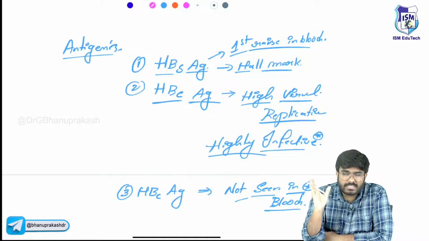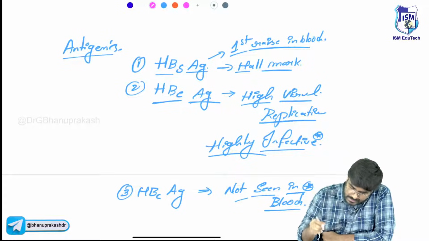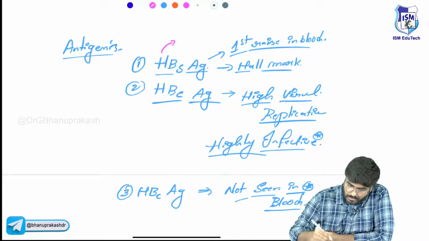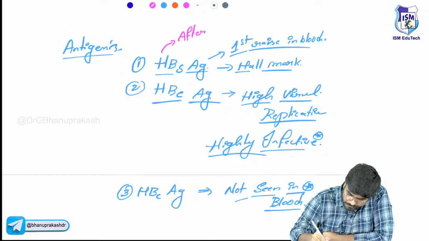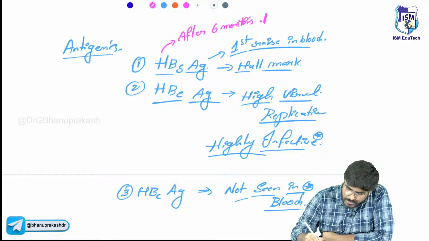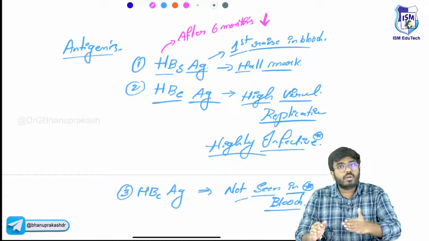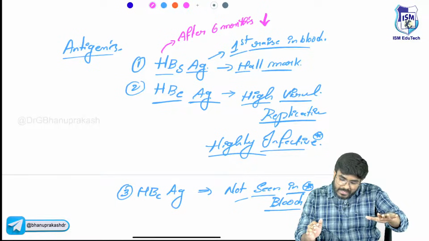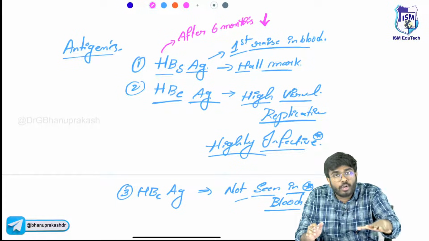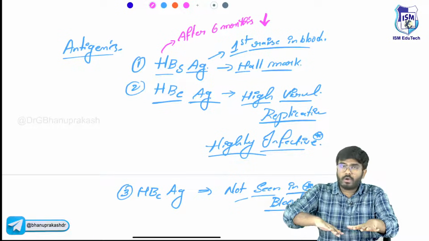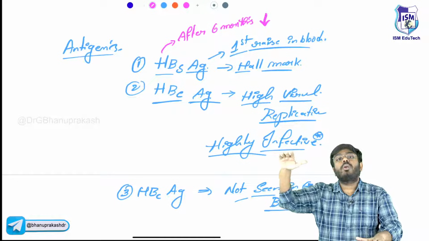Normally after 6 months, the hepatitis B surface antigen becomes undetectable, which means the patient is resolved. As the hepatitis B surface antigen levels go down, the hepatitis B surface antibody levels will go up.